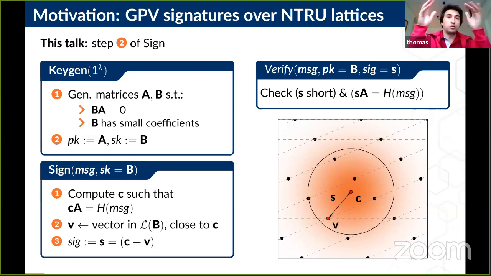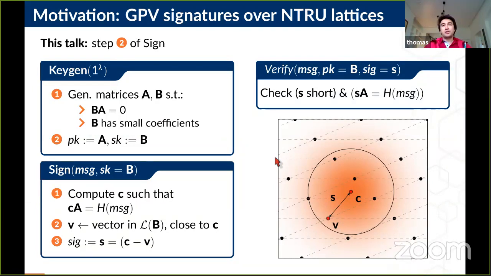I'm going to talk about the most classical one. In keygen, you generate two matrices A and B, such that B times A is equal to 0, and such that B is short. The public key will be the matrix A, and the private key will be the matrix B, which will be a trapdoor.